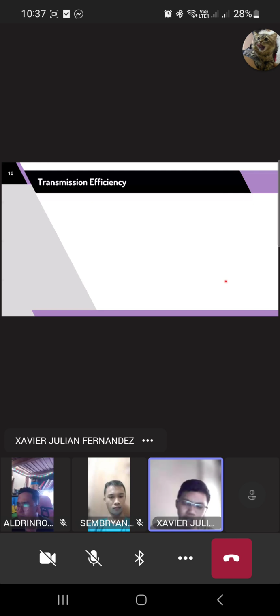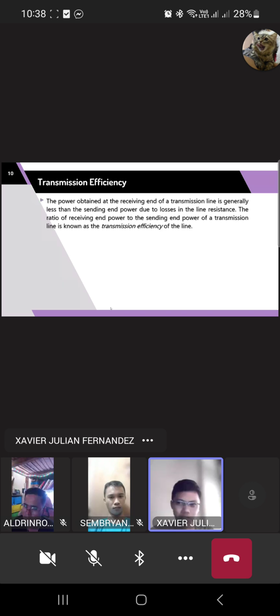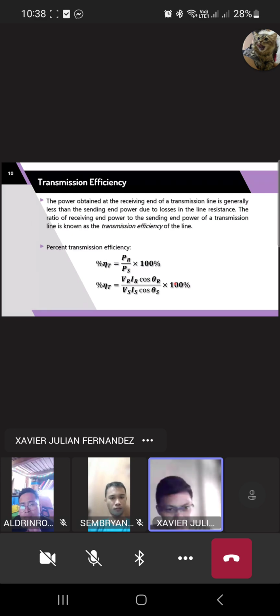Efficiency is mainly defined by its sending end power and its receiving end power. I placed the formula here, though we can really derive it.